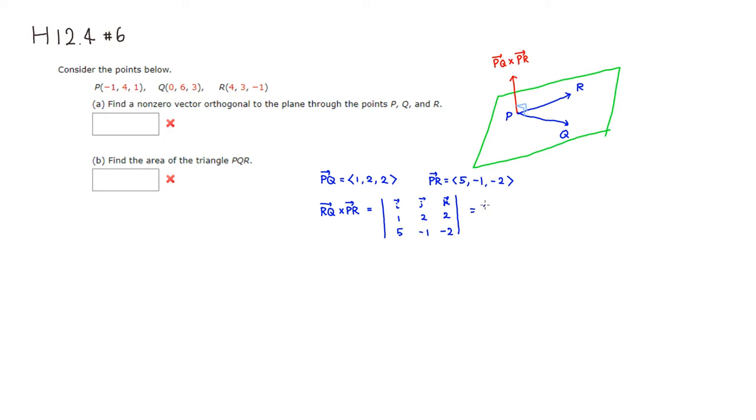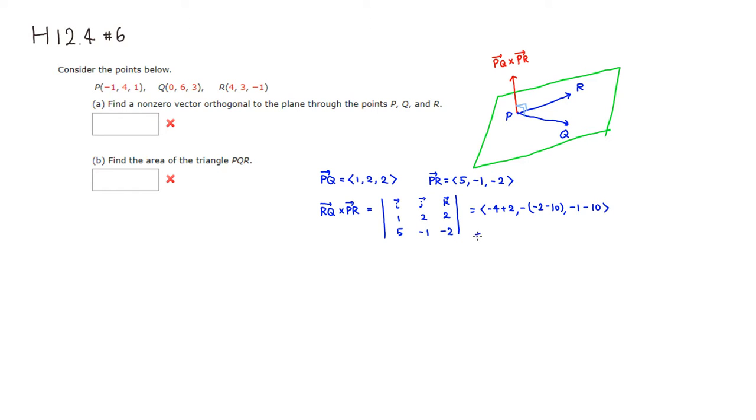The first component is 2 times negative 2, which is negative 4, minus negative 2 times negative 1, so plus 2. Then minus, 1 times negative 2 is negative 2, minus 2 times 5 is 10. And the last one is 1 times negative 1 is negative 1, minus 2 times 5 is 10.